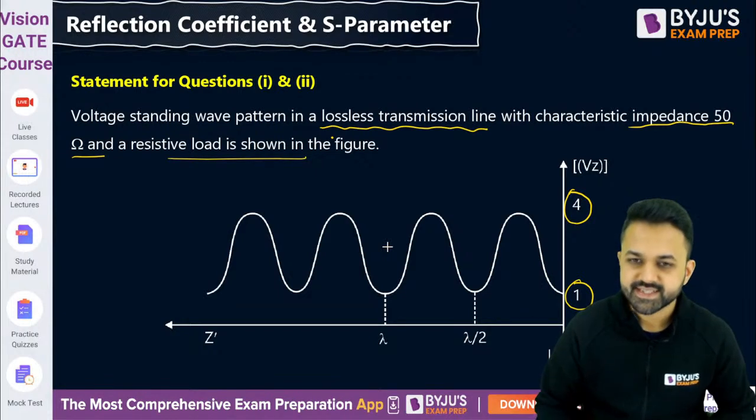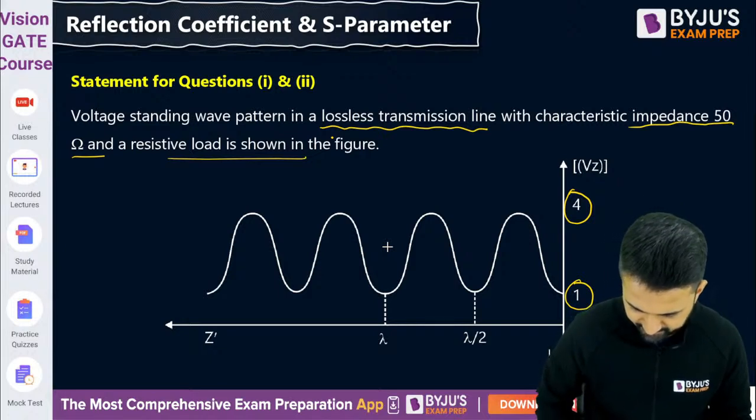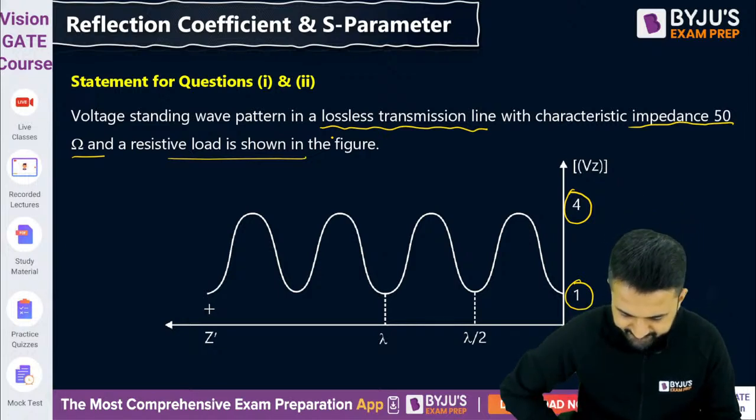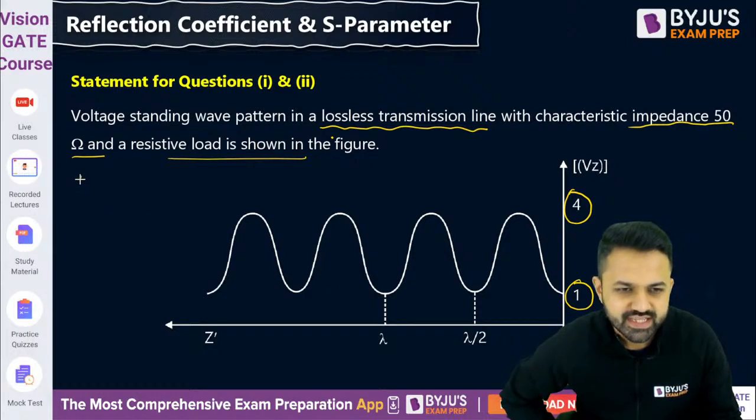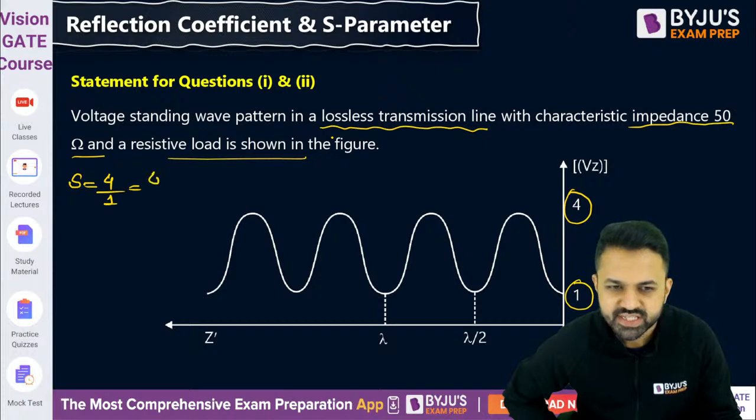What is the load resistance? 12.5. Okay. So here you can see that the standing wave ratio is maximum voltage divided by minimum voltage, which is 4.